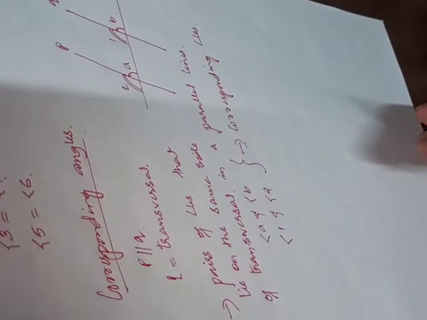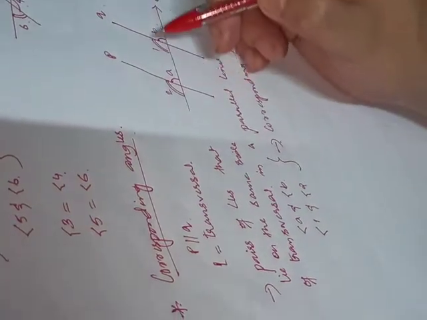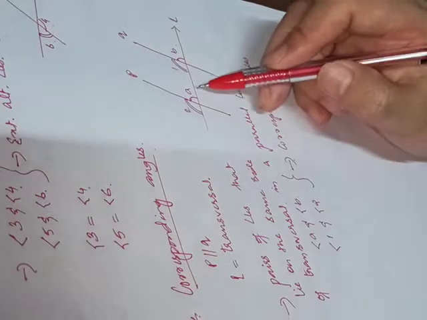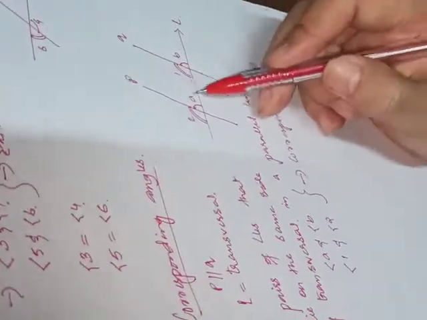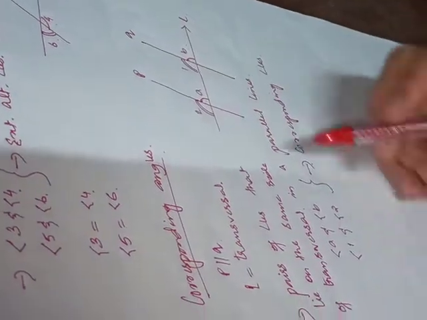Yes, so that literally means corresponding angles are pairs of angles that lie on the same side of a transversal in parallel lines. Is it okay? So here a line L cuts through the parallel lines P and Q, so it will form angles. The angles I've marked here are A, B, 1, 2. So A and B will form corresponding angles, and 1 and 2 will also form corresponding angles.